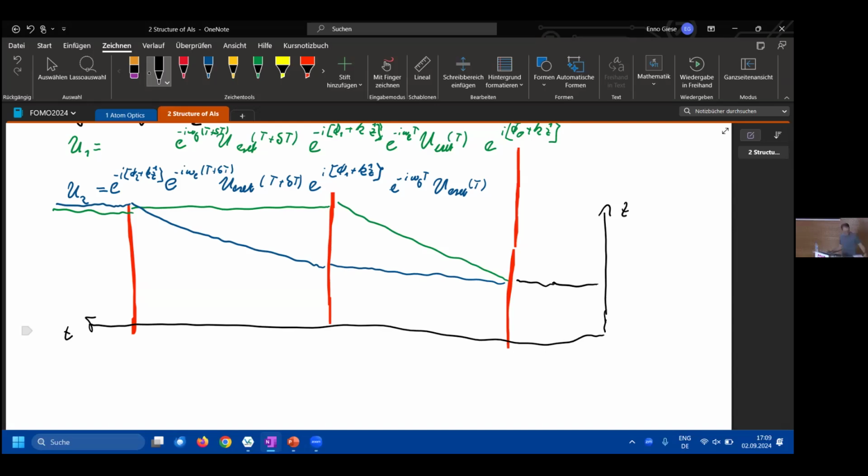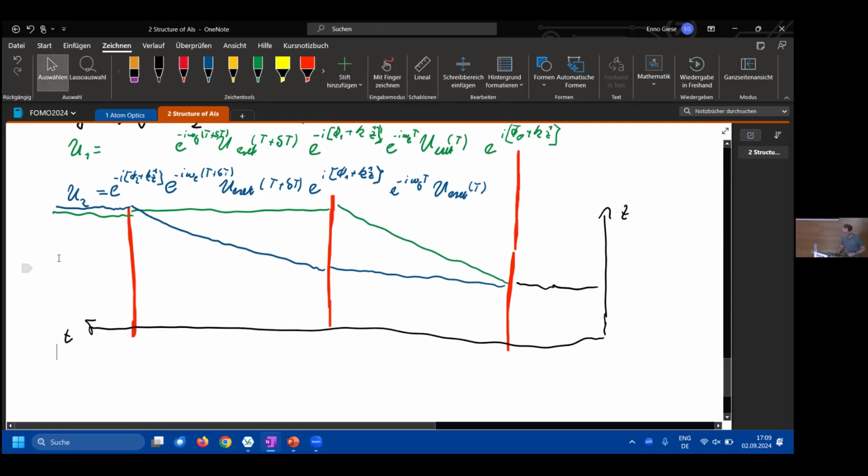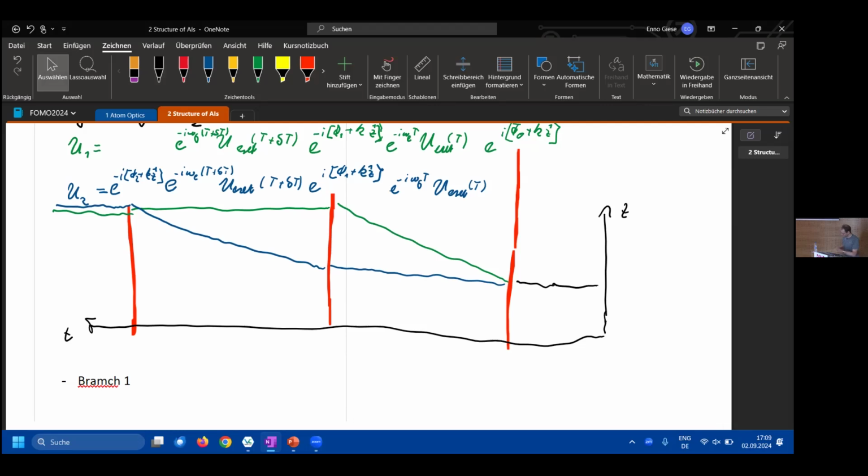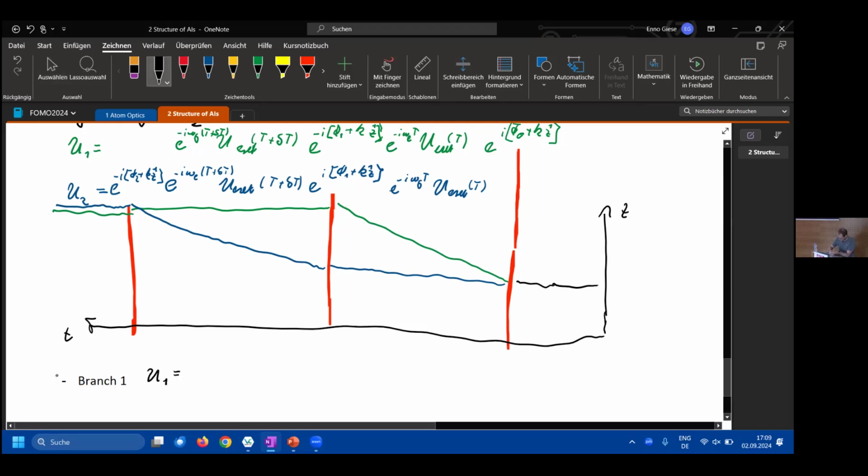Okay, that means just rewriting everything. There is a lot of stuff there, but we have two arms now, and we can separate everything into two arms. We have arm 1, or branch 1, and that is U1. What do we observe?